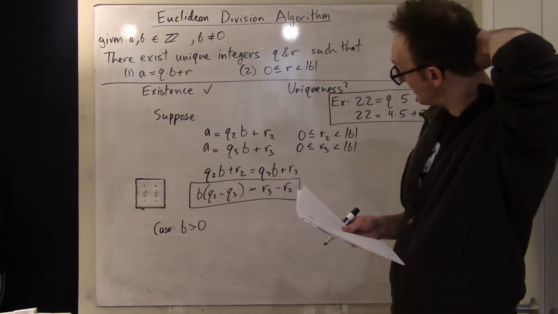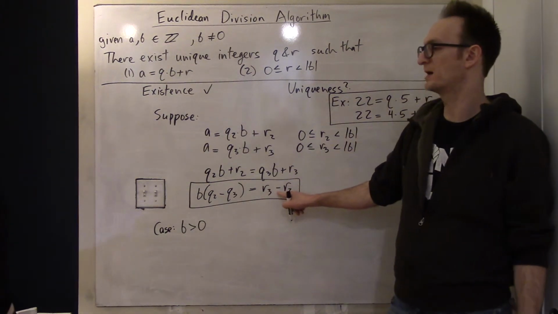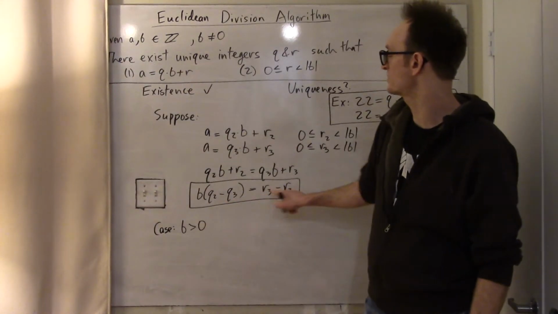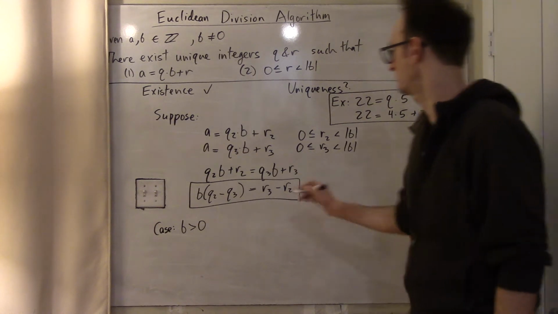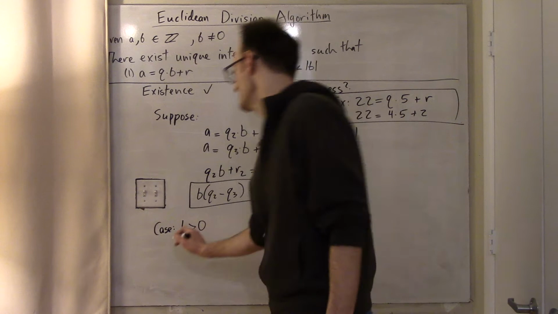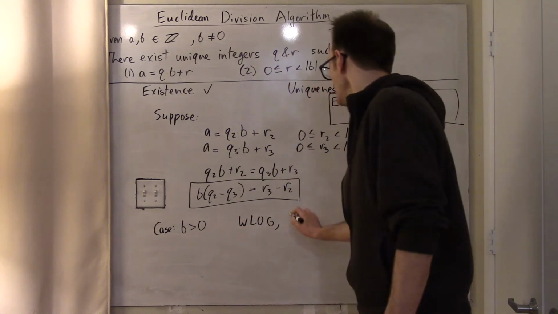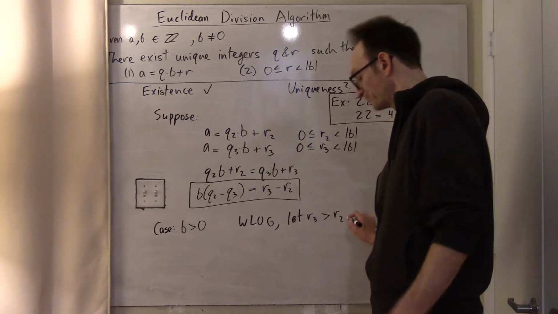Again, I am annoyed by not knowing which of these is positive and negative. So I'll also say, without loss of generality, let R3 be bigger than R2.